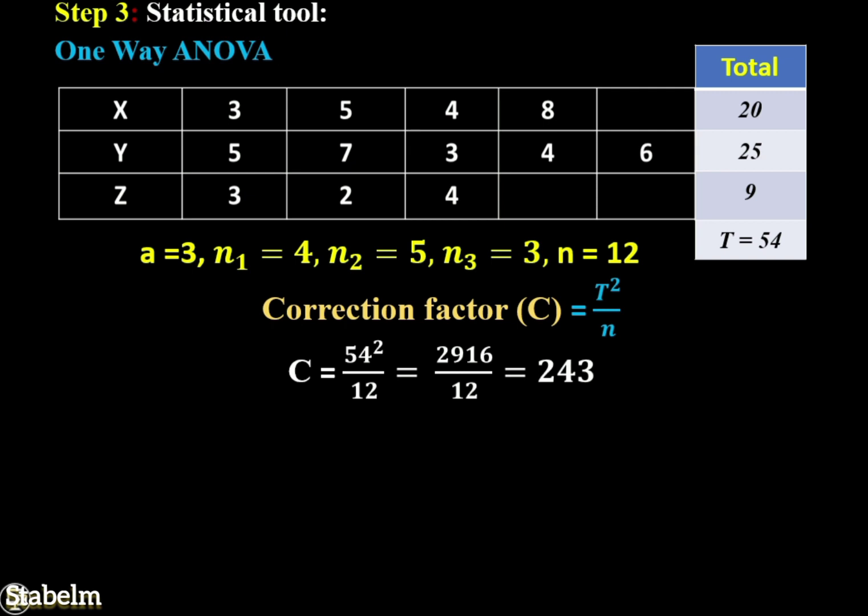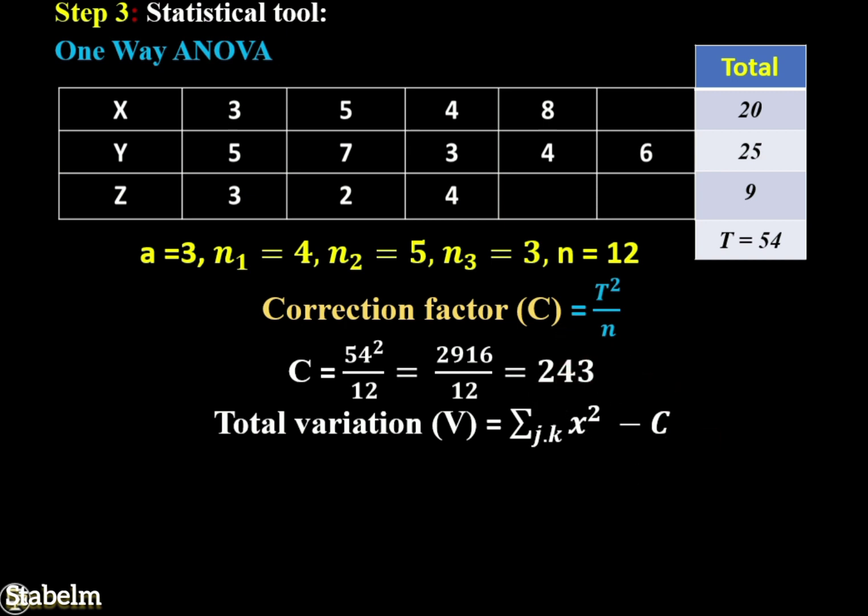Now, the first thing we are going to calculate is our total variation, just as we explained in the previous table. The formula is given as the summation over j and k of x squared, minus C, and this C is our correction factor, which we already know is 243.